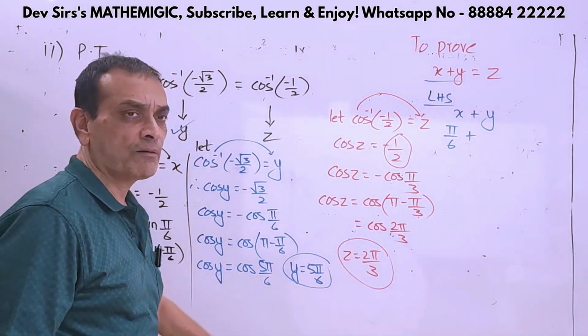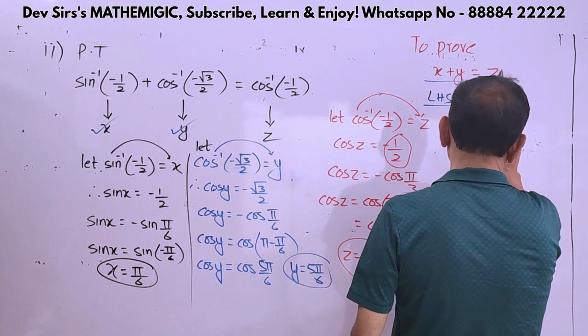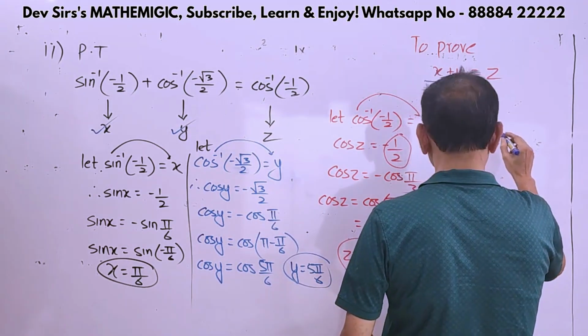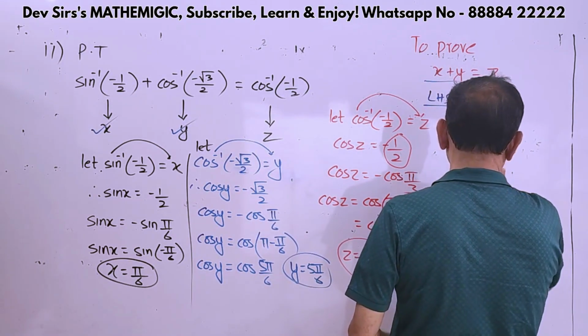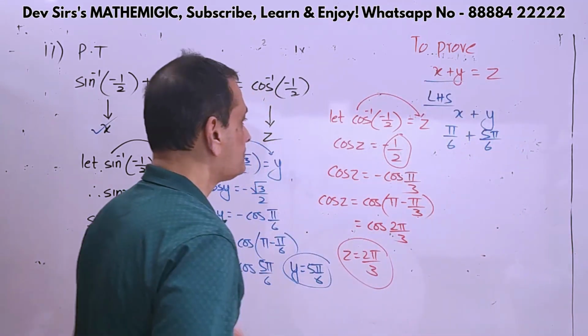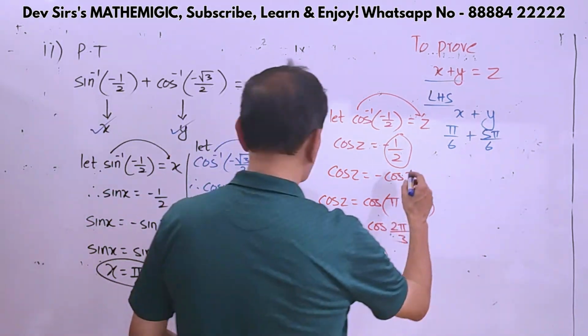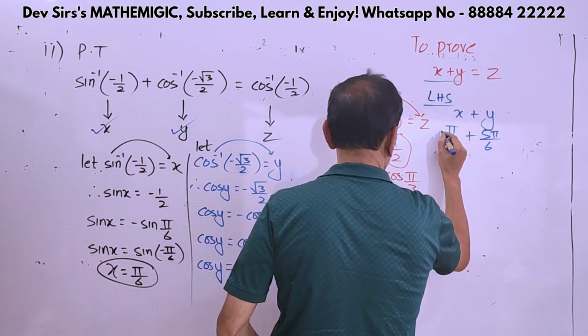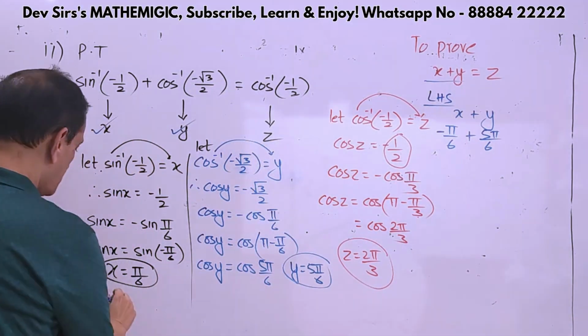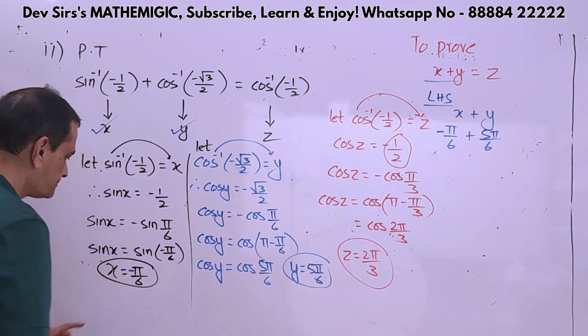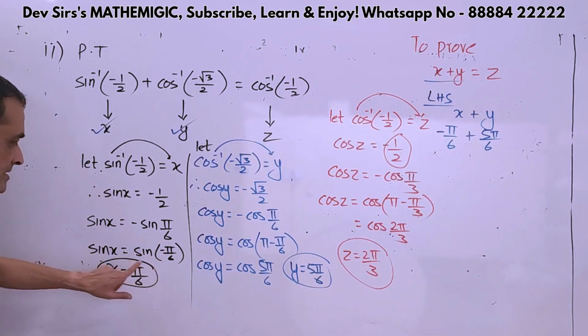What is y? 5 pi by 6. Sorry, this is minus pi by 6. X is minus pi by 6. X is equal to minus pi by 6.